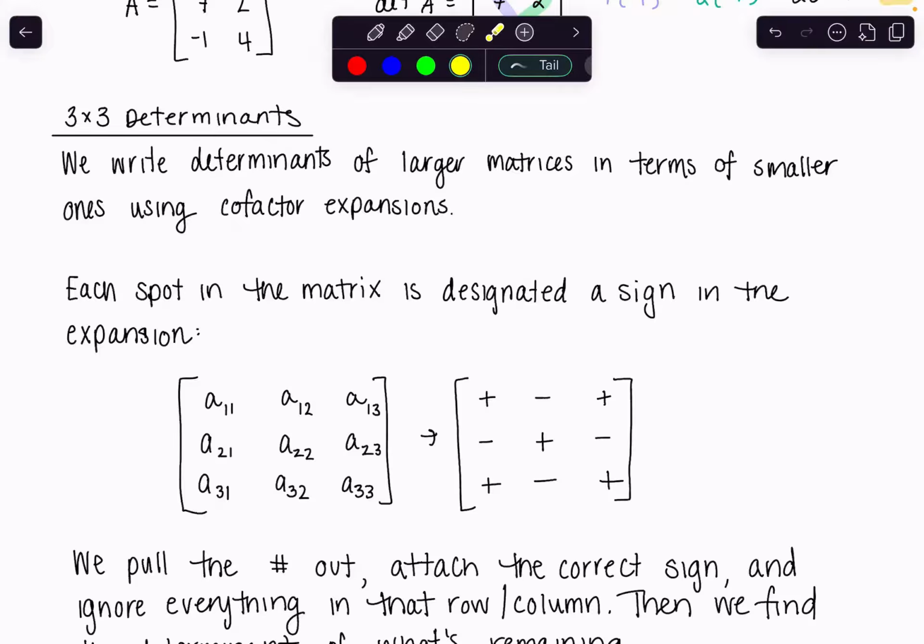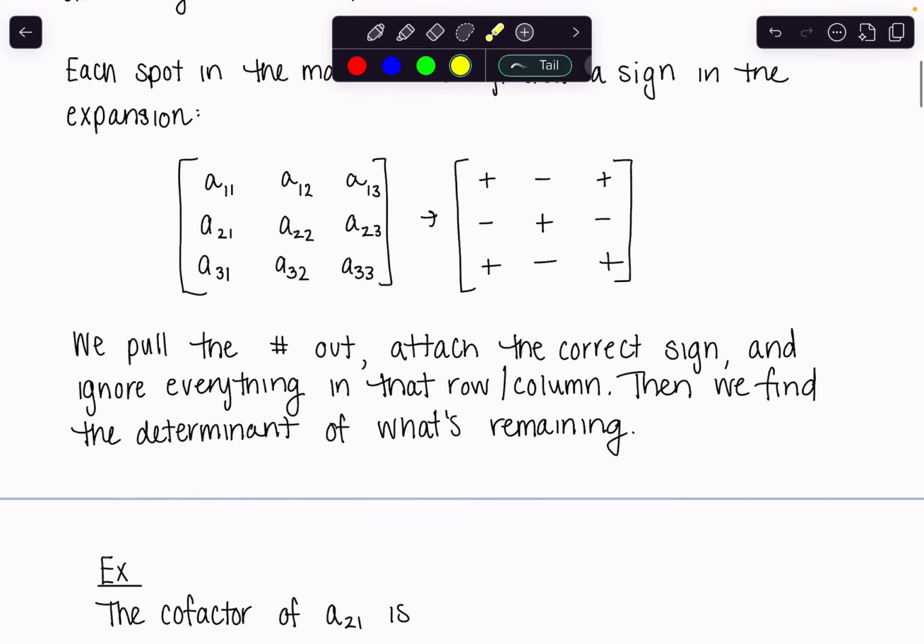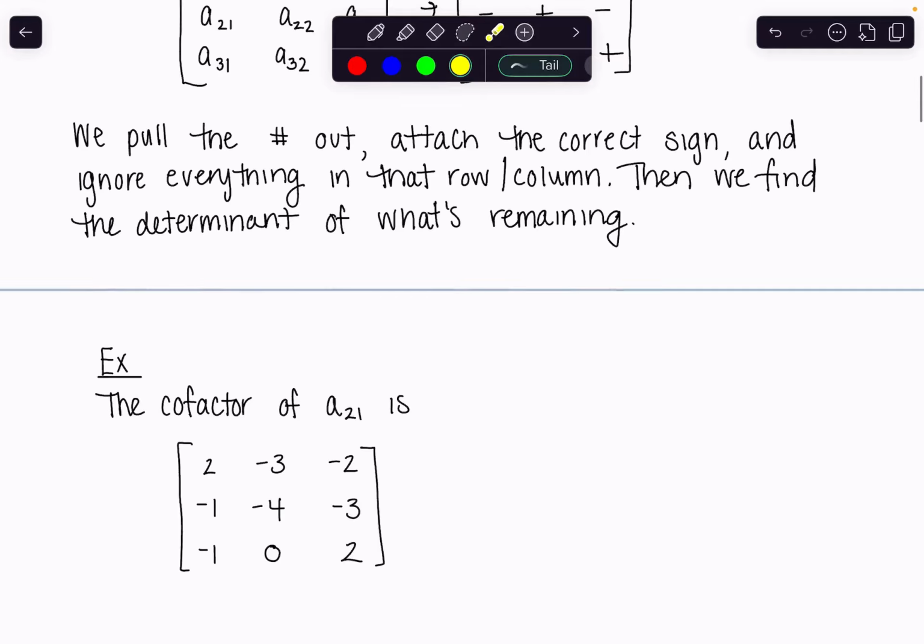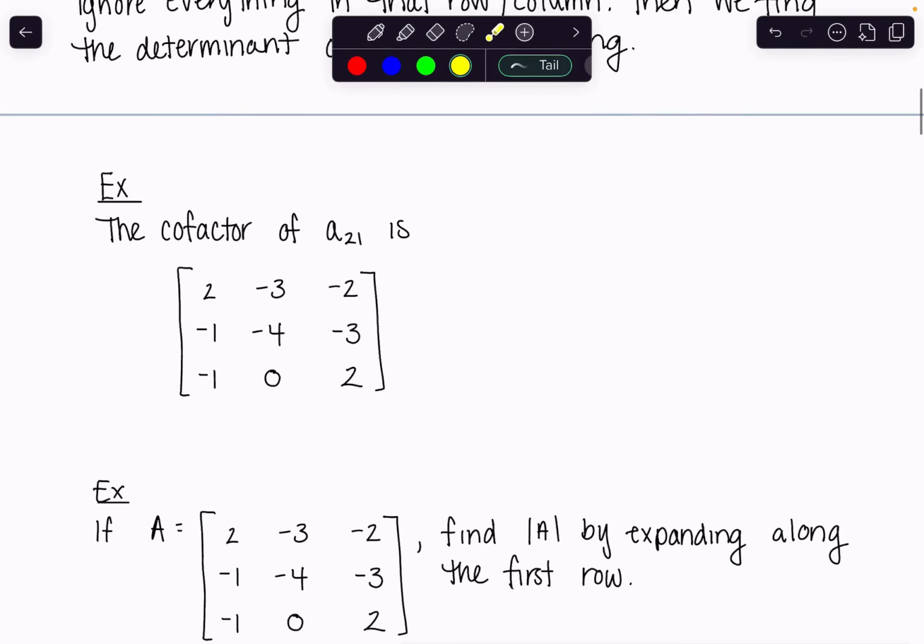So before we do that, I just want to get to what is the cofactor of a specific element. So we're going to try to find the cofactor of A2,1. So that means the second row, the first column. So that would be this element here.